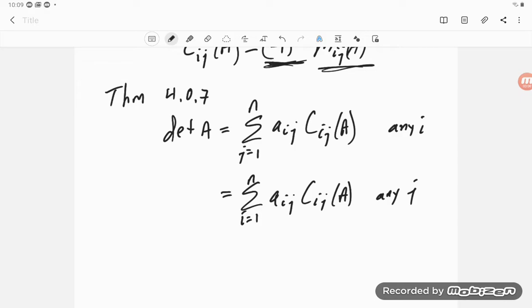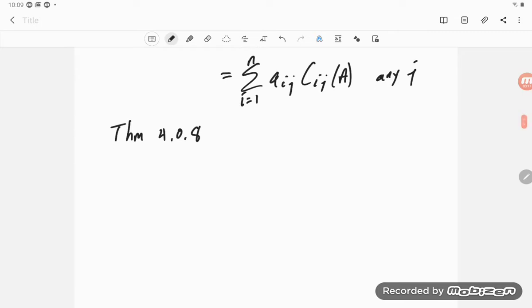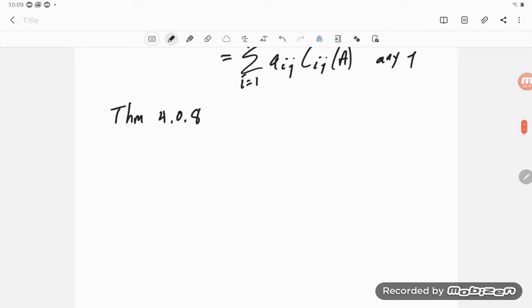Now, here's the bigger deal. So theorem 4.0.8, and that says if we were to think about almost that definition of determinant, so we're going to sum from j equal 1 to n, so we're summing across the columns.